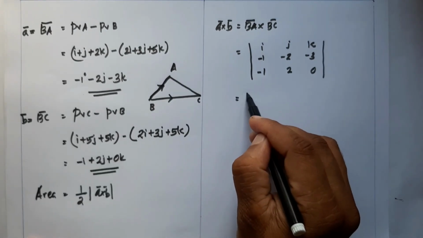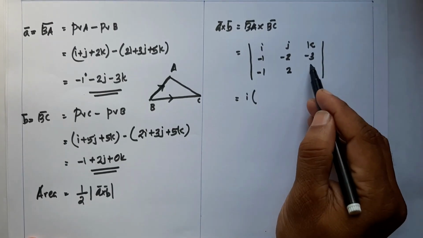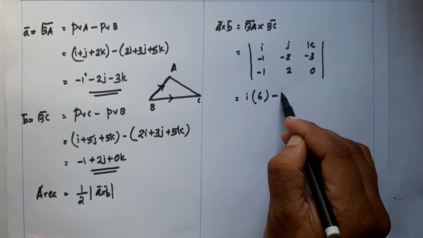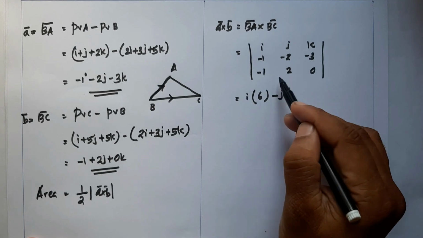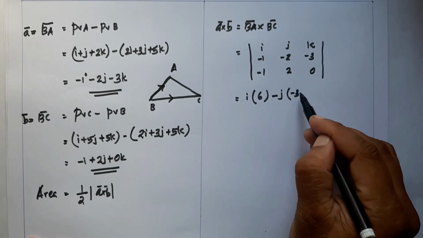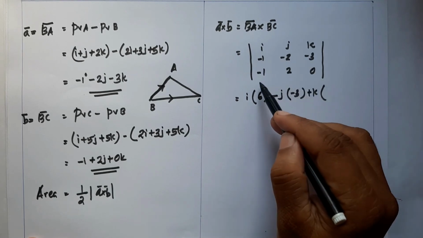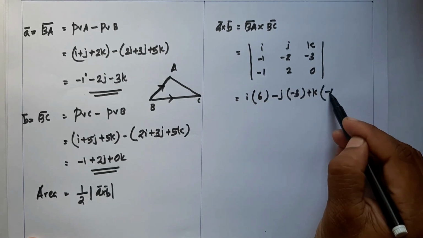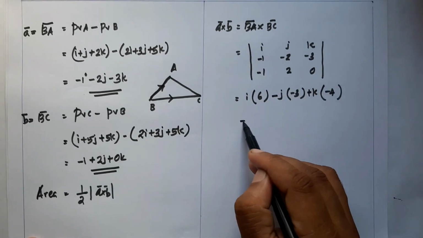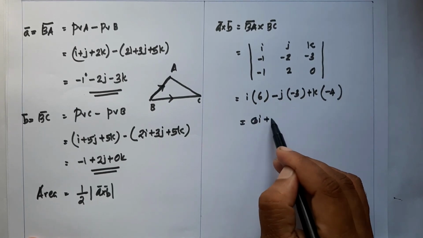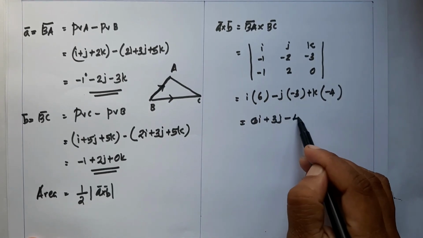Now we expand the determinant: I into 0 minus minus 6, plus 6, minus J into 0 minus 3, plus k into minus 2 minus 2, is equal to 6i plus 3j minus 4k.